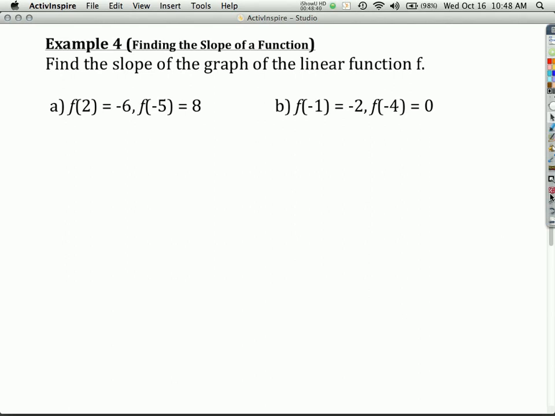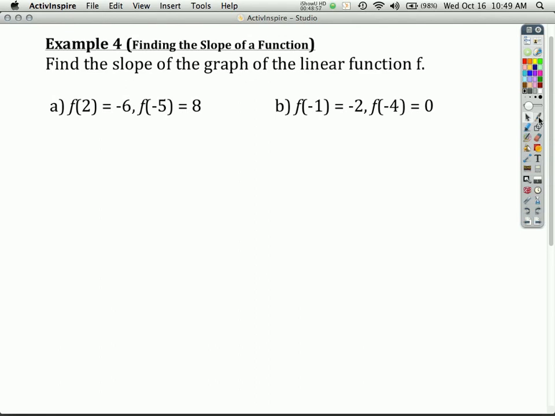So we are given that f of 2 is -6 and f of -5 is 8. That looks, to me, personally, unbelievably confusing. But I have gotten so used to it, this is what I see. My brain has gotten so used to this notation, this is what I see.